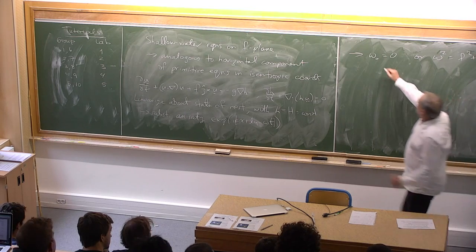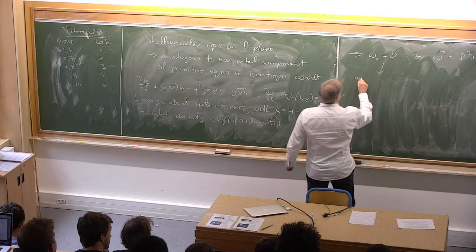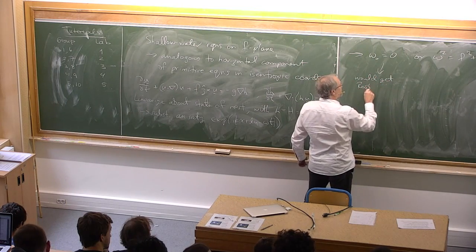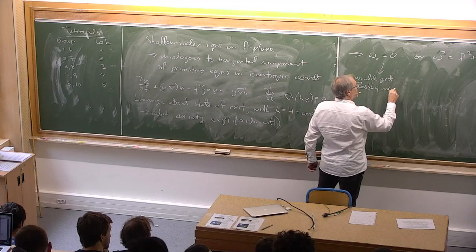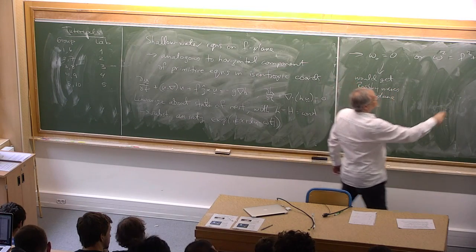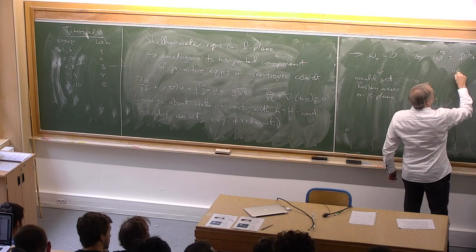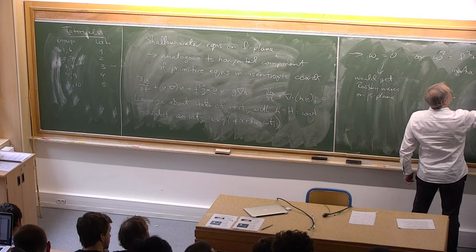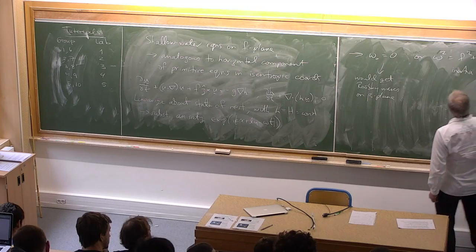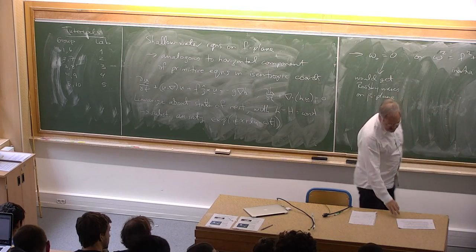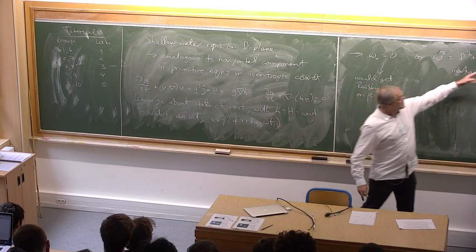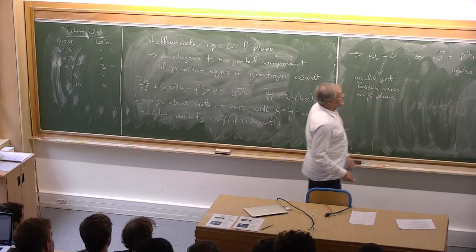If you did this on the beta plane, you would get Rossby waves. And then these are inertia gravity waves. We see that the character of the inertia gravity wave depends on the wave number kappa.